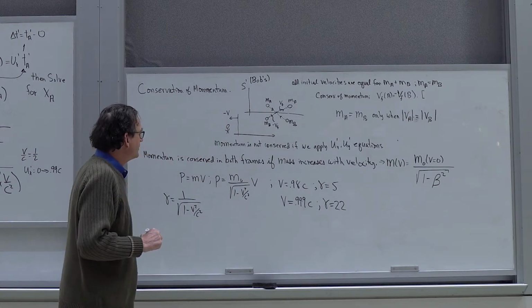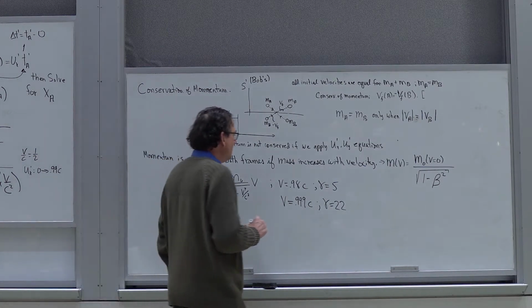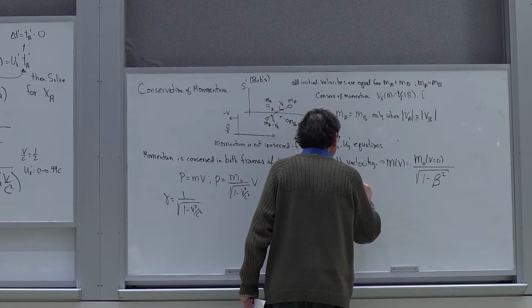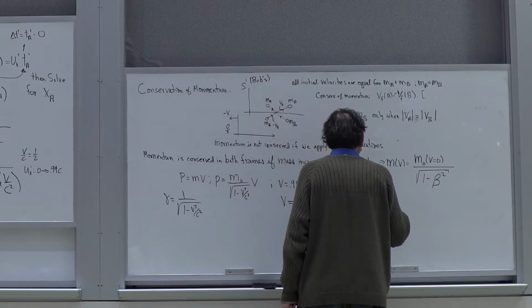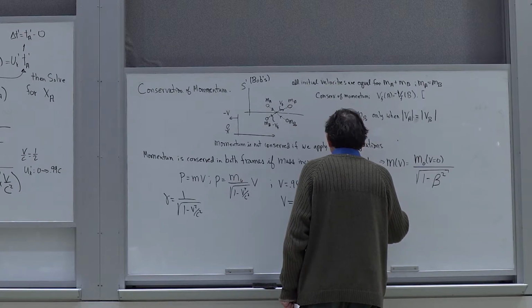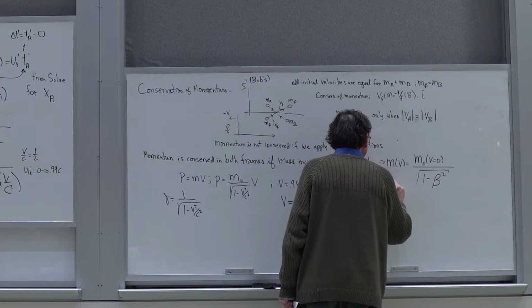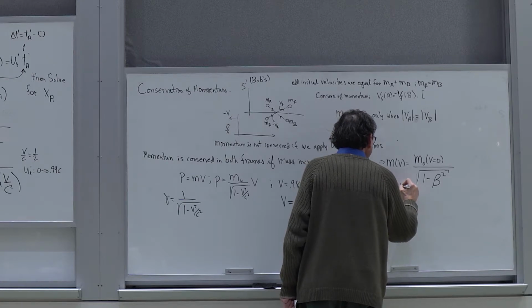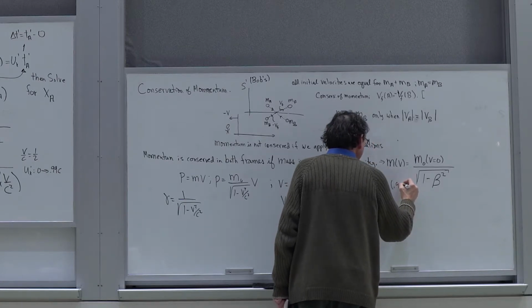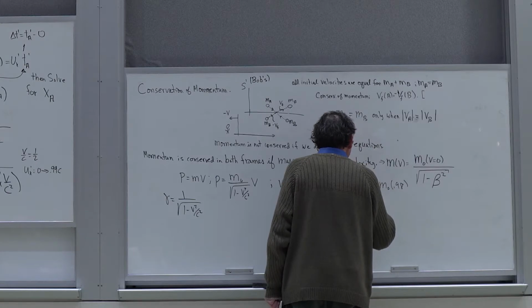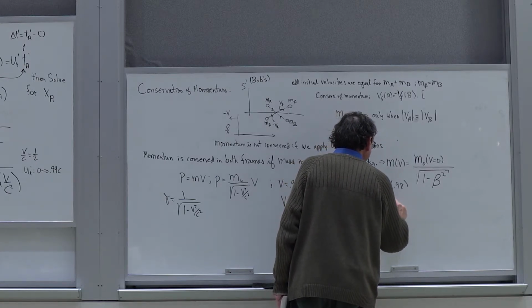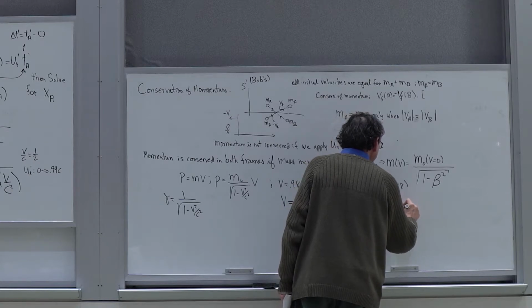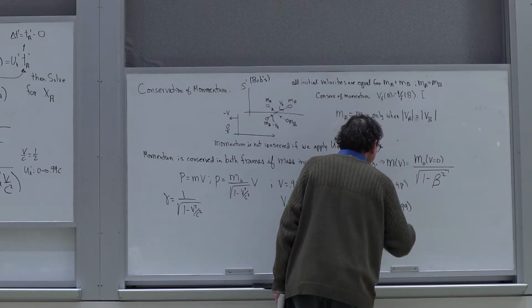If gamma is equal to 22, that means that the momentum P, which was originally 5 times m naught times 0.98, is now 22 times m naught times 0.98 times 0.999.